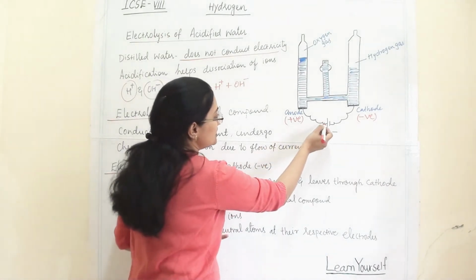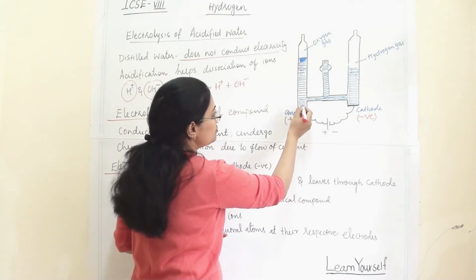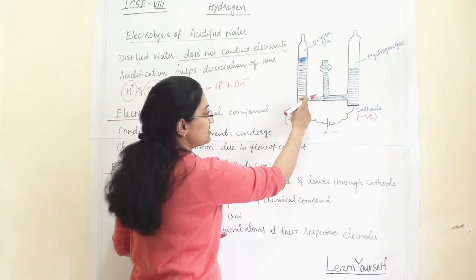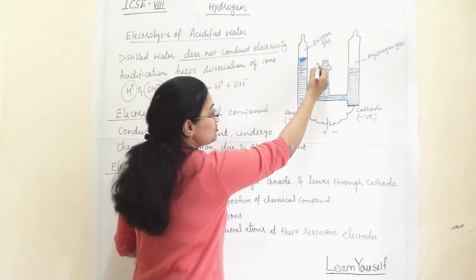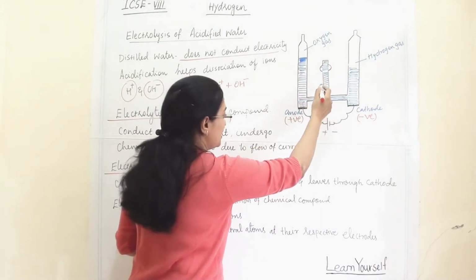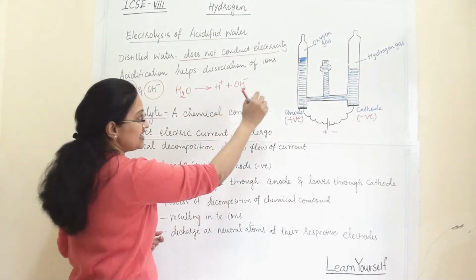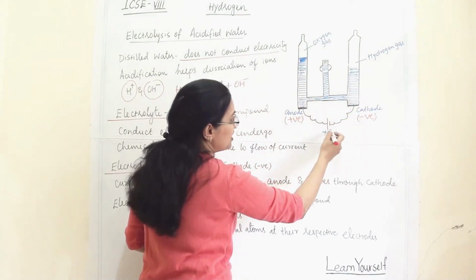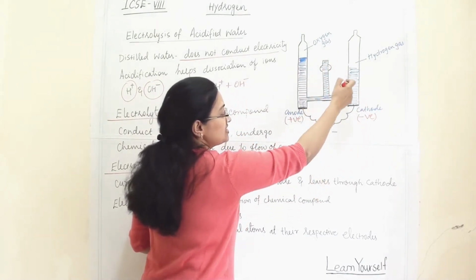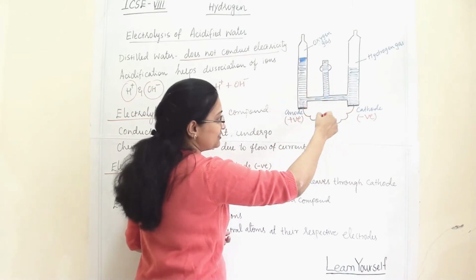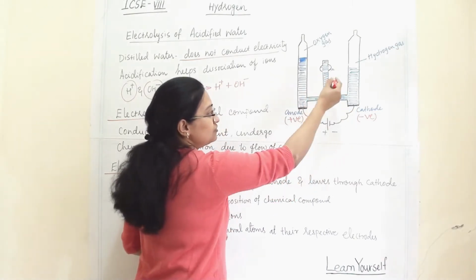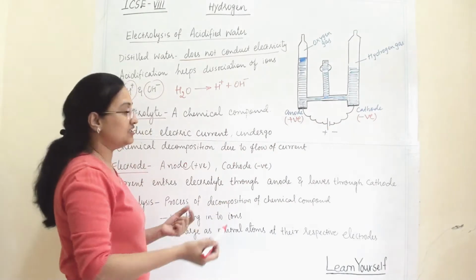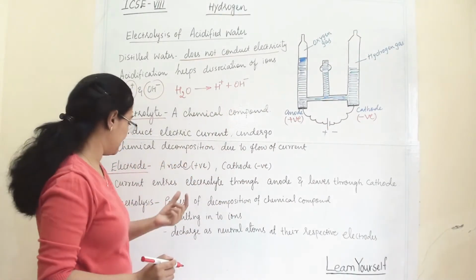From here the current will enter into the electrolyte. The electrolyte is our solution, and current will pass through this electrolytic solution with the help of these ions, and it will leave the electrode from the cathode side. So it is a continuous circulation of electricity from the anode to the cathode, with the help of these ions.